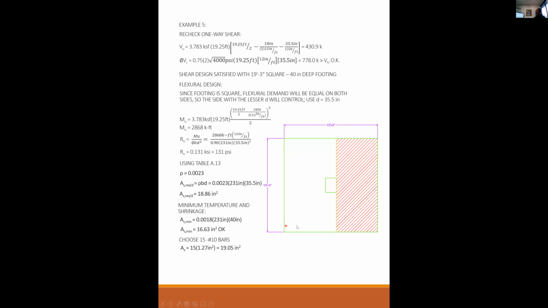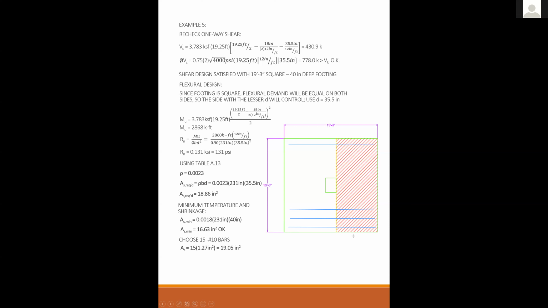So my reinforcement has to go left to right. Okay, so my 15 number 10s are 1, 2, 3, all the way to 15. That's what they look like.